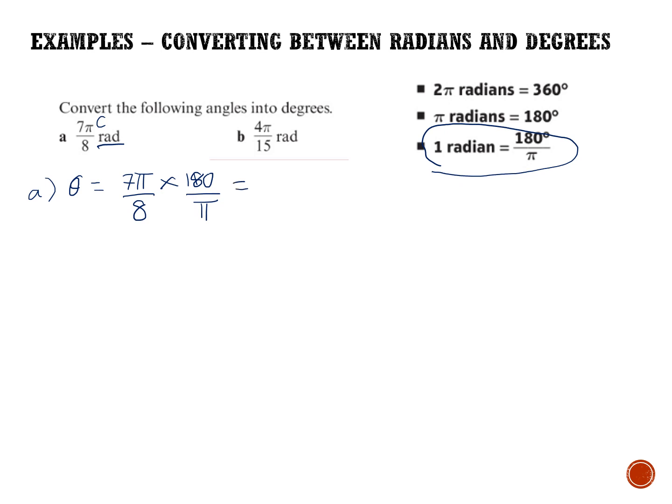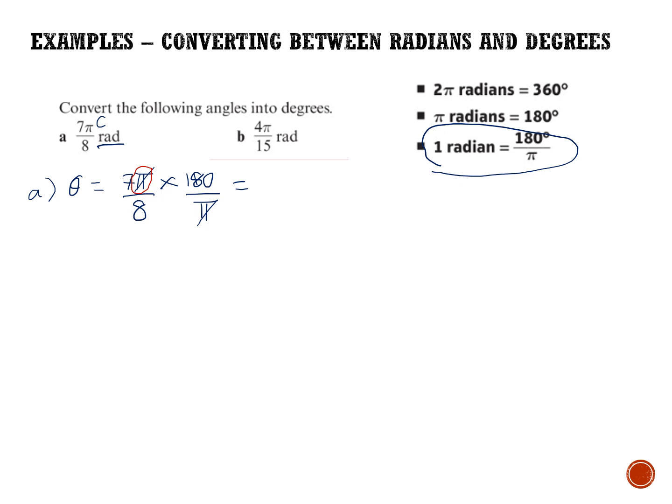You'll see the pi's cancel, so it's 7/8 of 180. Remember, pi radians is 180 degrees, so another way you can think of it is to just ignore that pi and do 7/8 of 180. That's quite often how I think about it when I'm doing these.